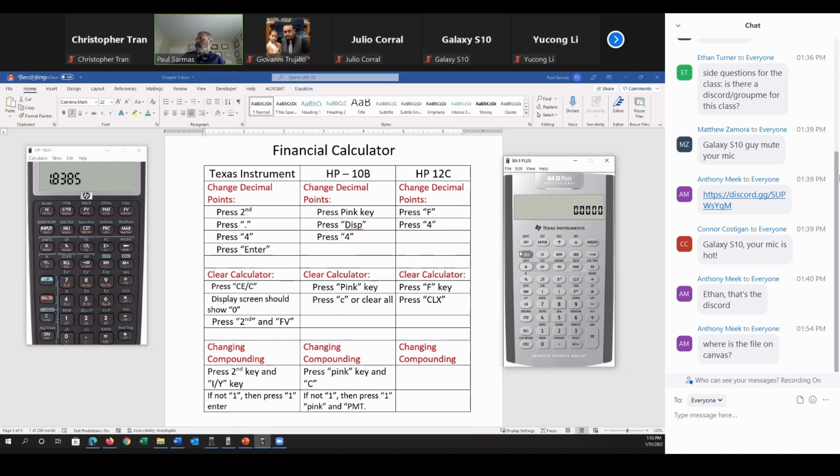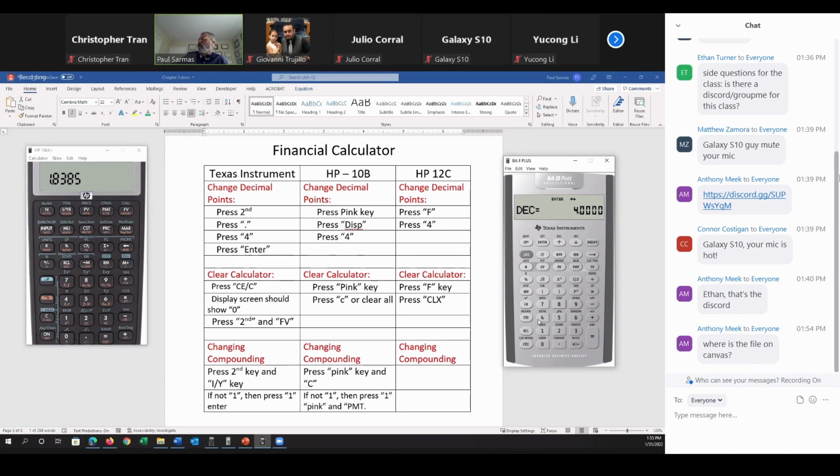To change your decimal points, you press second and the dot at the bottom of the calculator, in between 0 and plus/minus. It says DEC for decimal.